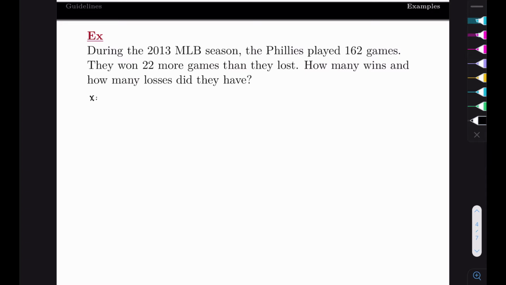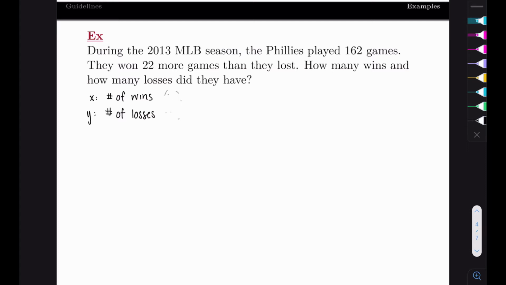The first unknown we'll call X, and this is going to be our number of wins. The second unknown we'll call Y, and that's our number of losses. And again, you could call this a W and this an L if you wanted to use those variables.